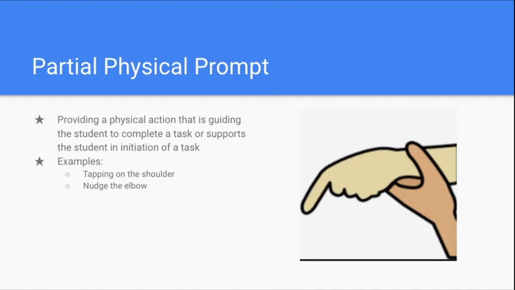Or maybe they're sitting at a desk and maybe they're not paying attention to what's going on at the board or the task at hand, and maybe we walk behind them and we give them a little bit of a nudge on the elbow, so that reminds them it's time to work, initiate that prompt, or that guiding of the arm to where it's supposed to be.